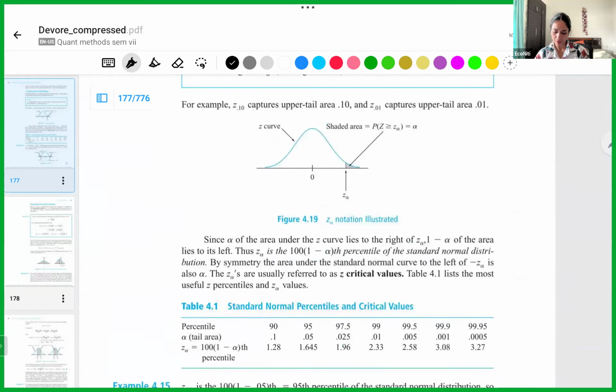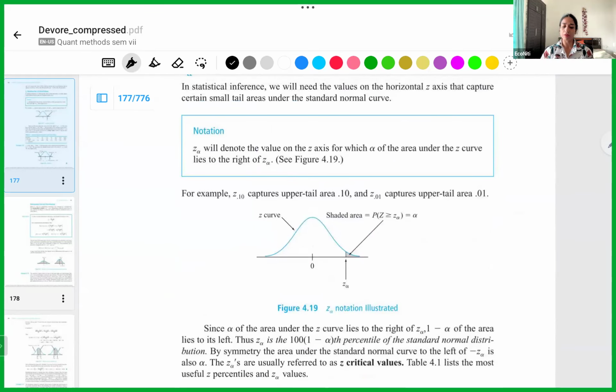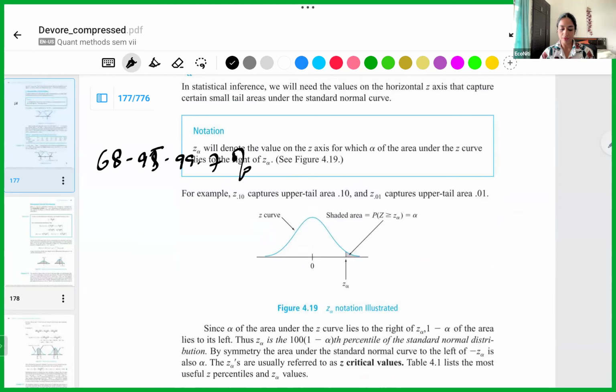Yeah, all right. So let me state it in an alternative way. This is called the 68, 95, 99.7% rule.